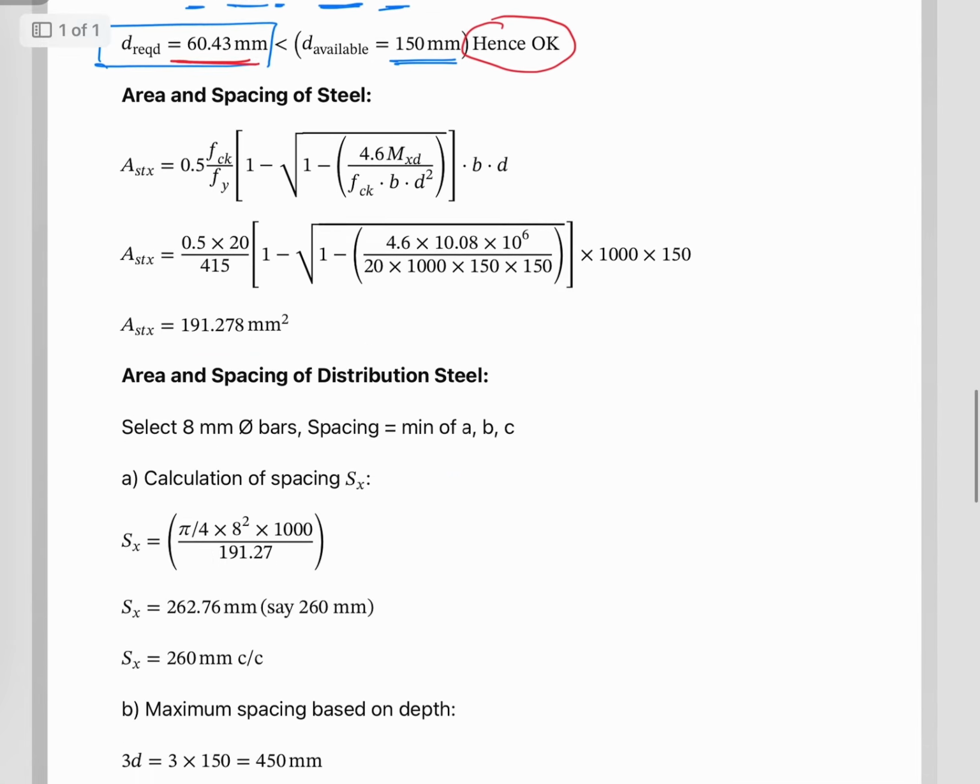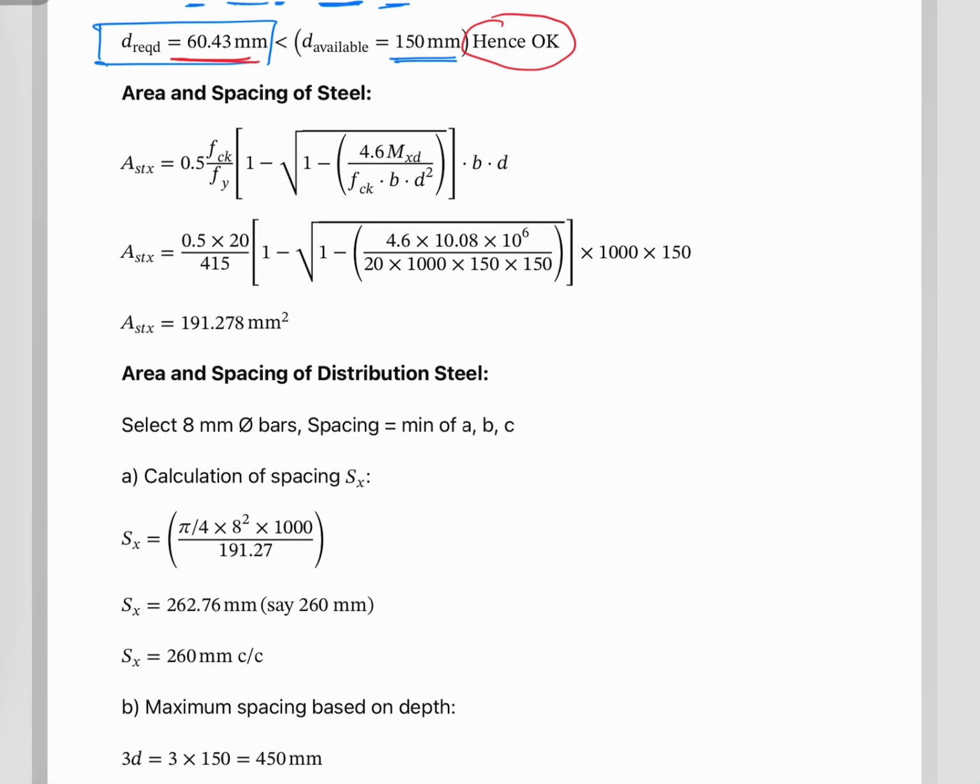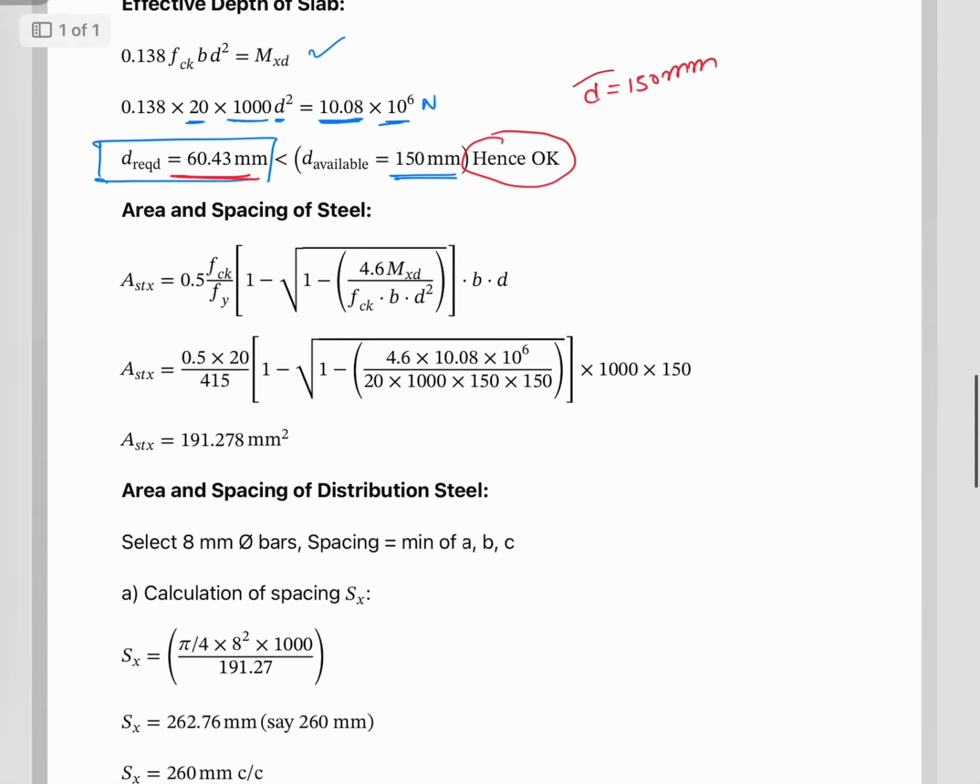First of all, let's calculate the area and the spacing. The area along the x direction, this formula is very standard, guys, you should know. It is Ast equals 0.5 fck upon fy, into 1 minus under root of 1 minus 4.6 Mu upon fck b d square, into b into d.